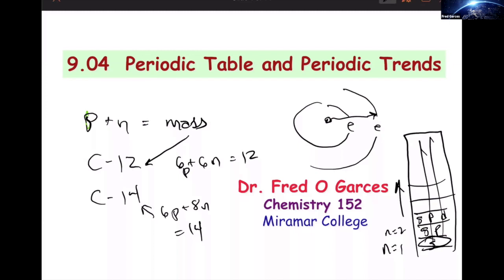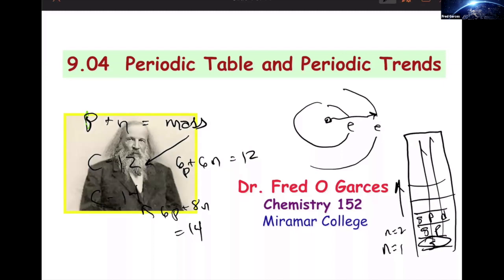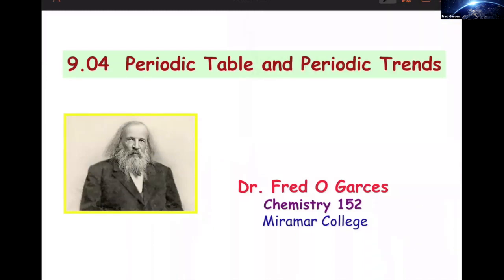And today we're going to look at some of the properties based on the interaction between the nucleus, neutrons and protons, and the electrons, and what happens in terms of the periodic table. So this is Dmitri Mendeleev, a Russian scientist who started to think about the elements that make up the universe, and he recognized that certain elements had very similar properties.